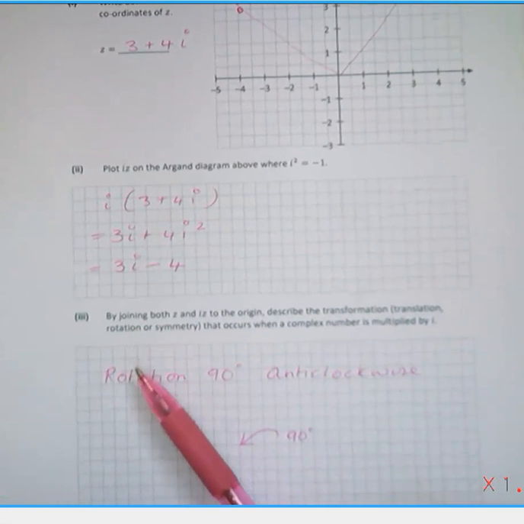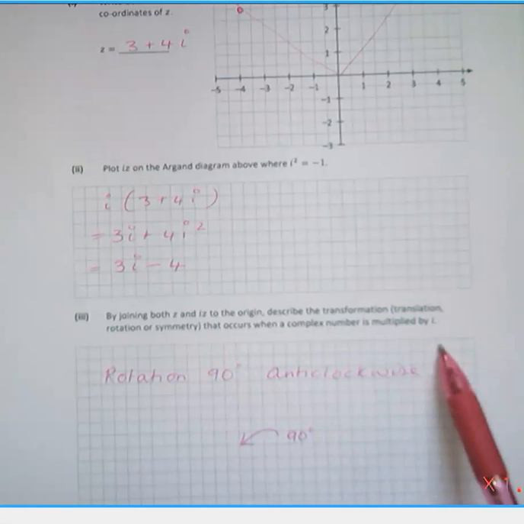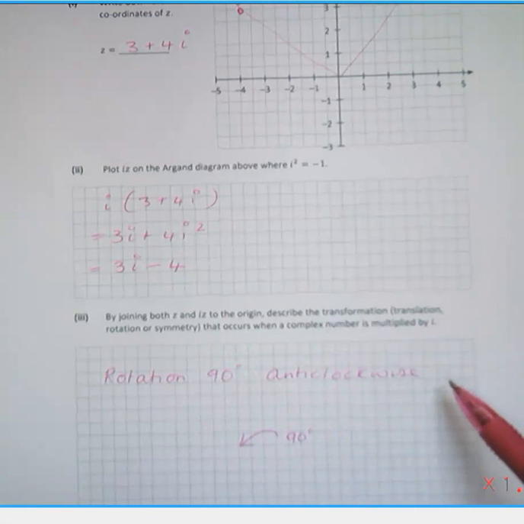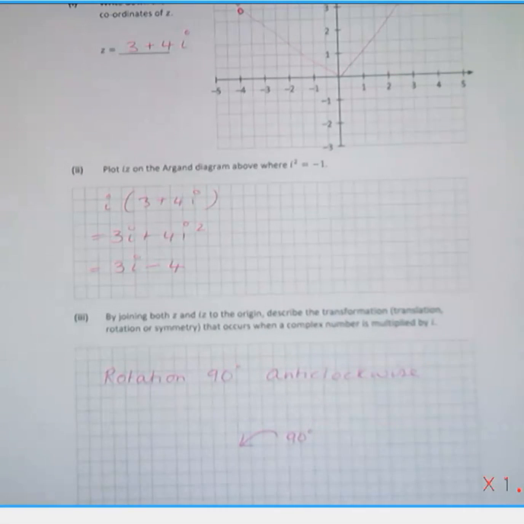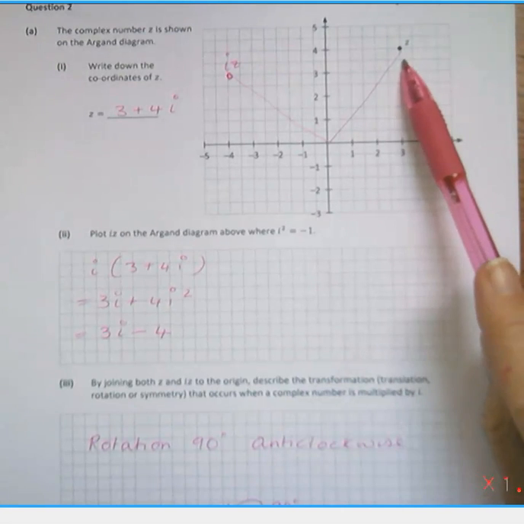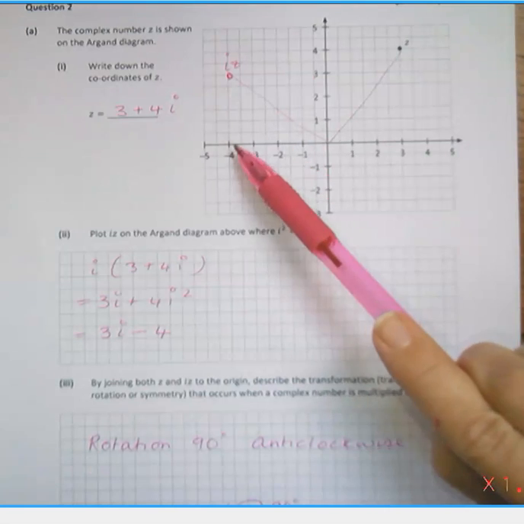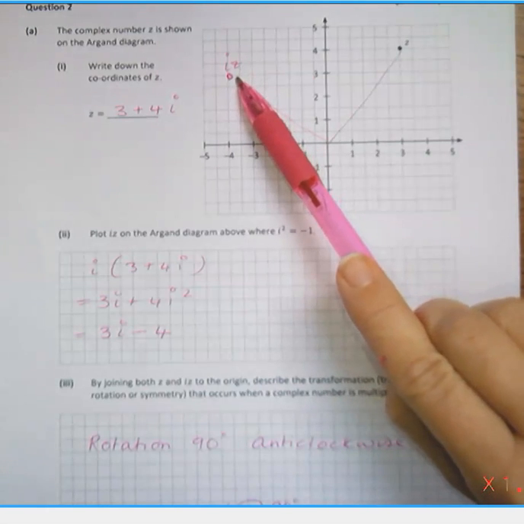Then part 3, it says, by joining both your z and your iz to the origin, describe the transformation, your translation, your rotation, your symmetry, or whatever way you want to describe it, that occurs when your complex number is multiplied by i. So, if you look at our picture, our original was 3 plus 4i, and it became minus 4 plus 3i.